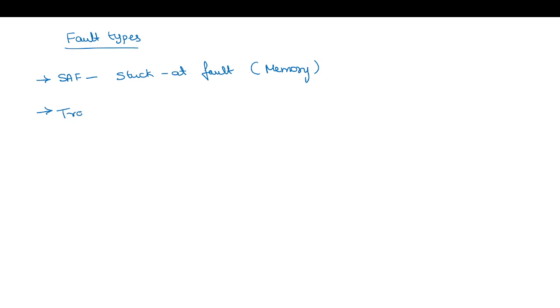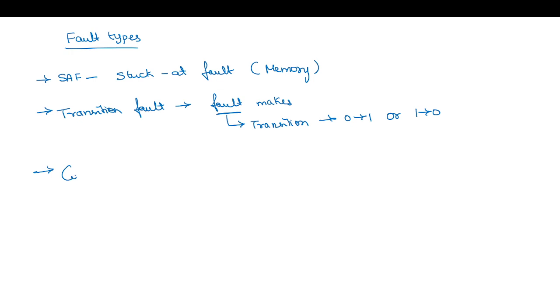Next we have transition fault, that is, the fault makes a transition. So say this is making a transition, that is say from 0 to 1 transition, but the cell remains in 0, that comes in this transition fault.